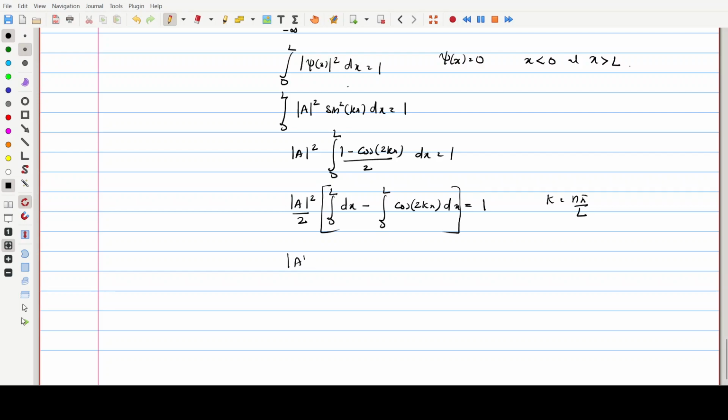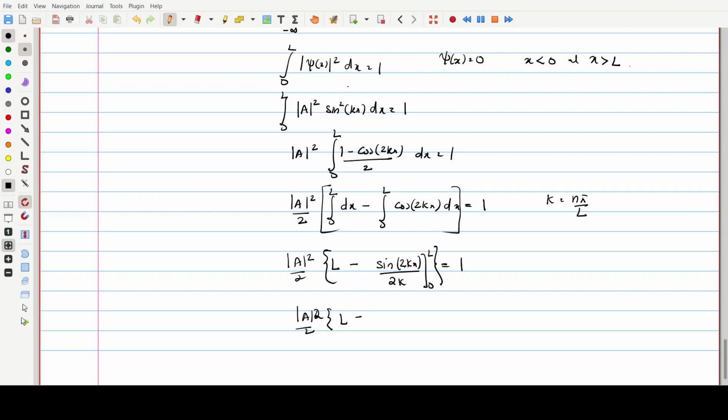So it becomes mod A squared by 2. The first integration becomes L minus, if you integrate cos, it becomes sine 2kx divided by 2k, and the limit is from 0 to L. This must be equal to 1. So mod A squared by 2 times L minus, if you substitute the limit, sine 2kL minus sine 0.